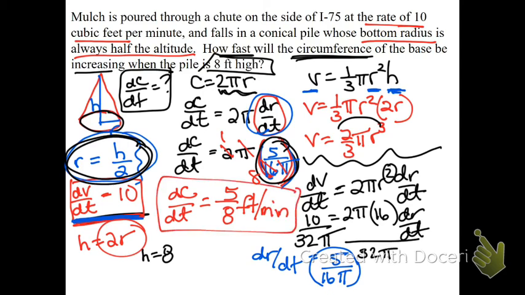But let's go back through what we had to do, okay? I think the key for this one, start with the question that they asked. They asked for how fast circumference was changing. So I started with circumference, and I started by doing the derivative of circumference.